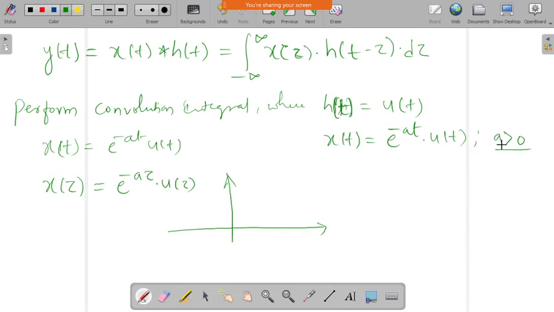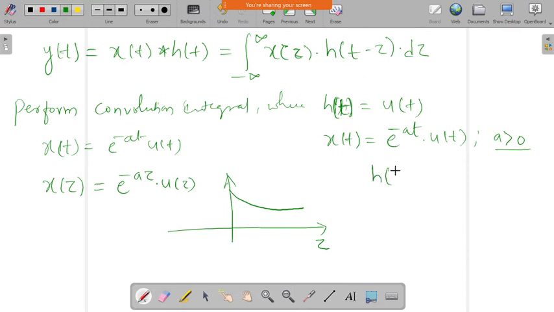Since a is greater than 0, that means if a is positive, if we go on substituting the t values, you will get the decaying exponential. So this is tau, and this is your x of tau, which is e power minus a tau into u of tau.